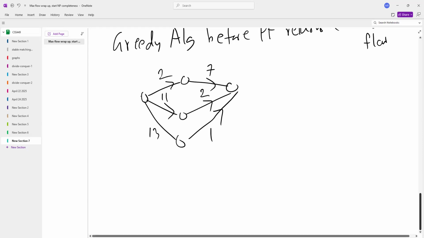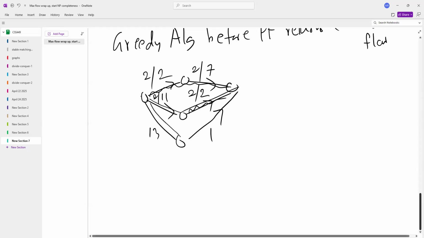My greedy algorithm is going to try to find one path. The blocking flow is a combination of paths, but to compute that we find one path at a time. So I might find this path, and then I saturate this edge, so this is no longer in the picture. Now the remaining flow here is 2, this is 2. The next time I run it, I'm going to try this path, and then I'm going to saturate one of these.